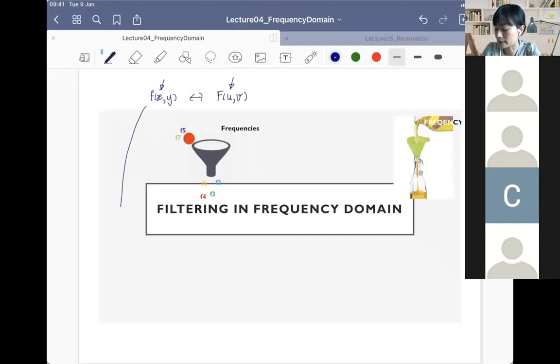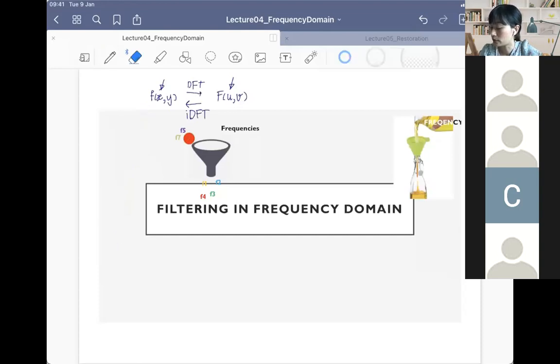I won't go into too much detail on the technique, but we call it the Fourier transform, and because we work in a discrete domain, we use the discrete Fourier transform, and we can invert it back. We can transform using the discrete Fourier transform, and invert this back using the inverse Fourier transform.